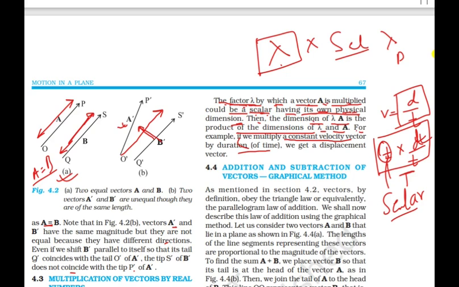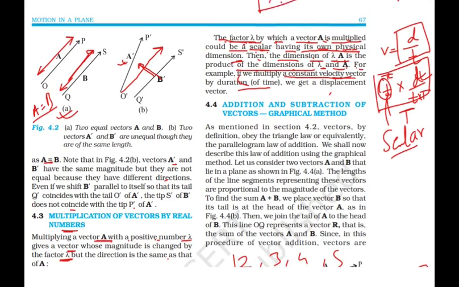The dimension of lambda A is the product of the dimension of lambda and A. See, here the dimension will be changed. If I multiply a vector with a scalar quantity, then the dimension will be changed. For example, if we multiply a constant velocity vector by the duration, that's all.